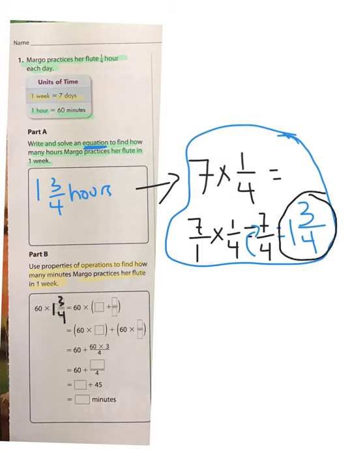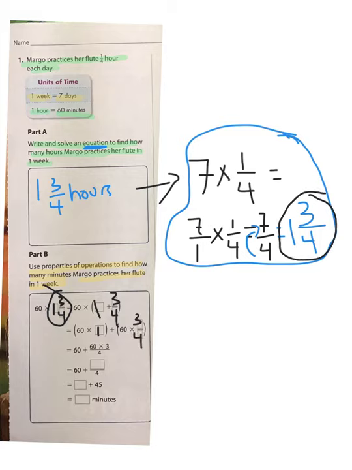So if we're going to use properties of addition, we're just going to do 60 times, and then we're just going to separate this into 1 and 3/4. So we're going to do 60 times 1 and 60 times 3/4.